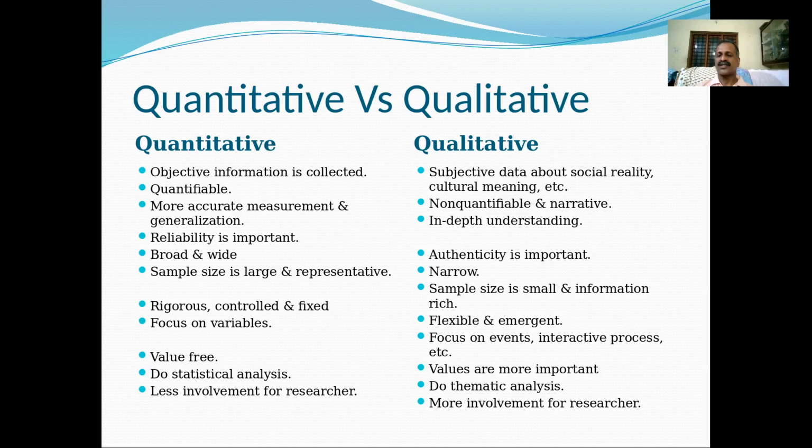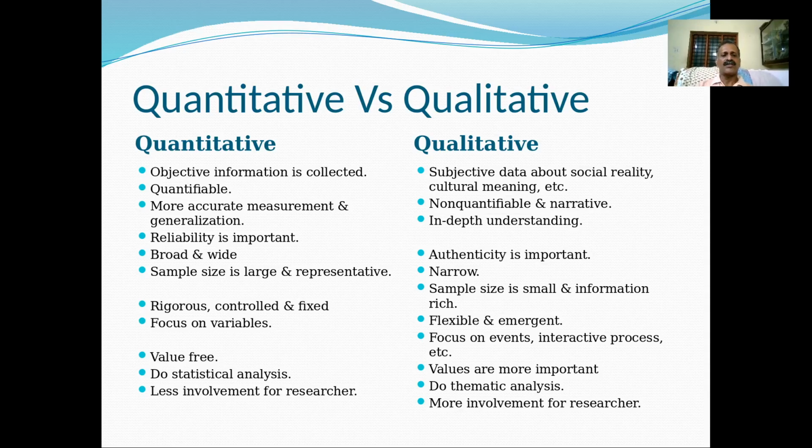We will not use the term reliability there. We ask whether the information given by a person is the correct information, first-hand information, authentic information. That's what we look at in qualitative studies.